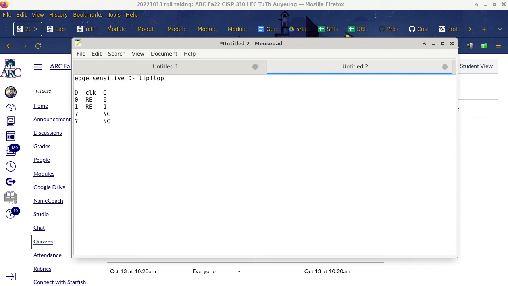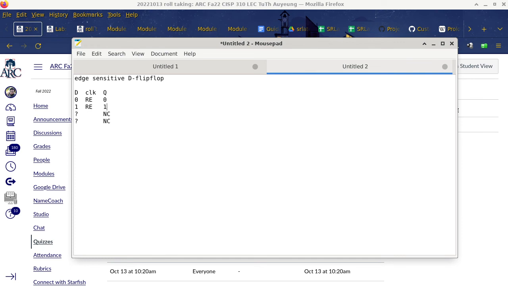Assuming you guys have taken roll already, this is one way to look at the truth table. I know we haven't really talked about what the RE is: rising edge. In an actual diagram, when you look at the data sheet of chips and whatnot, the rising edge is usually graphically represented as something like this. So the truth table is basically saying if the D pin is a 0 and the clock pin has a rising edge, right at the moment of the rising edge, the output will become 0.